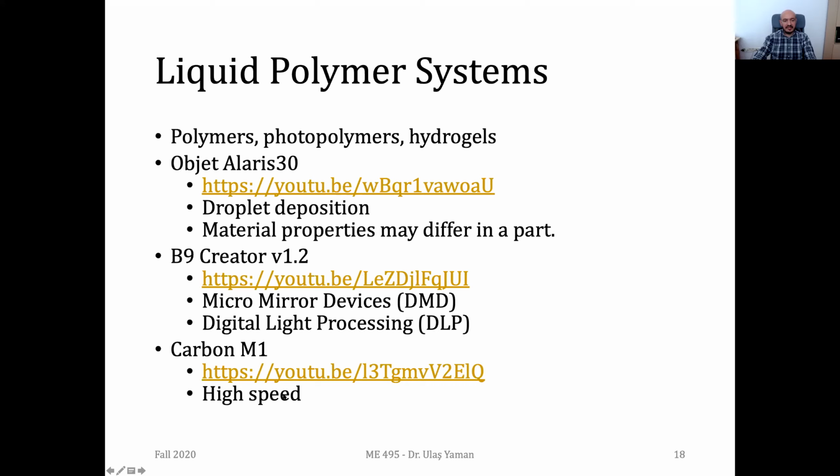And the last one was a much faster version of the second one, and we said that they have a special window, it's oxygen permeable, and they adjust the level of oxygen through electrochemical reactions, and with the help of this approach, they could increase the speed of manufacturing.